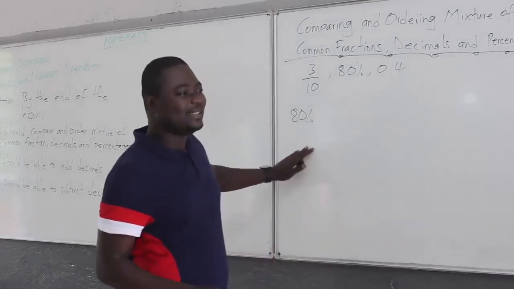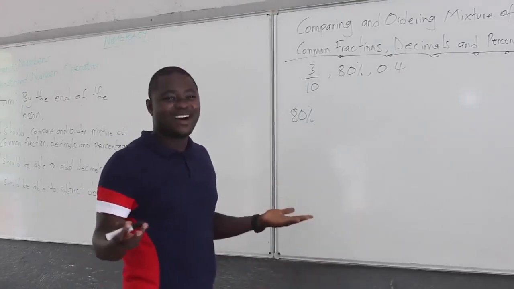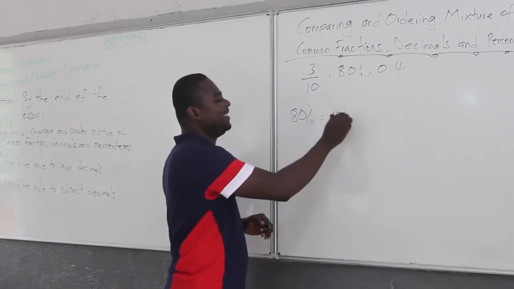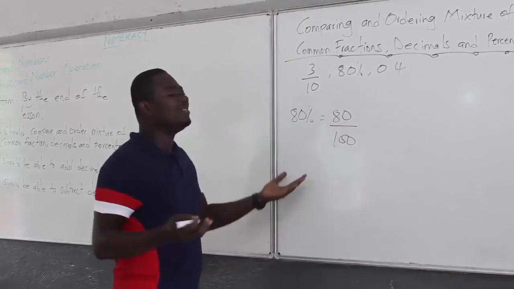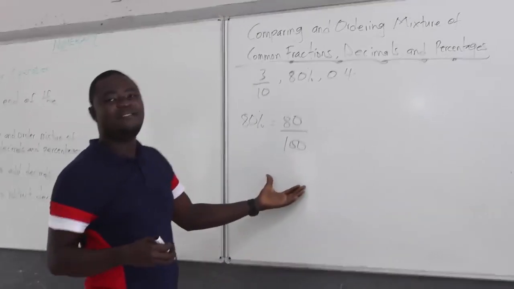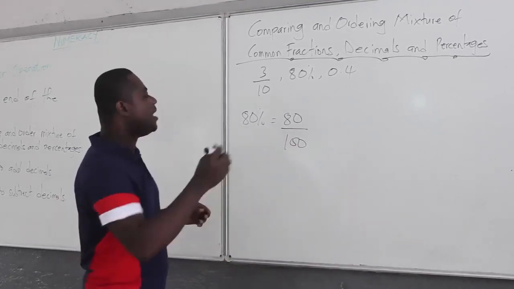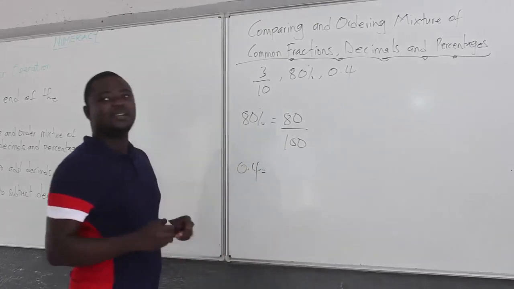Now 80% means 80 out of 100. So 80%, you write 80 over 100. So that's our fraction, 80 over 100. Now, the decimal 0.4.